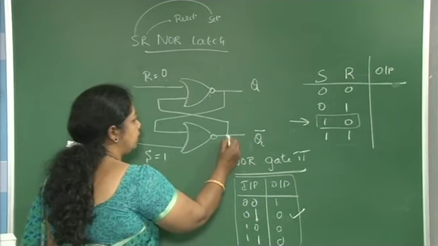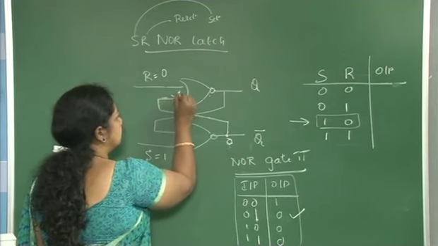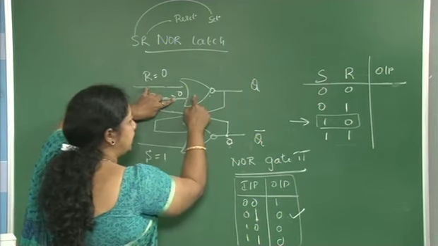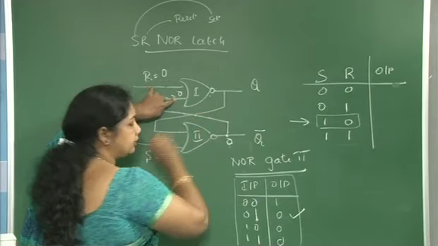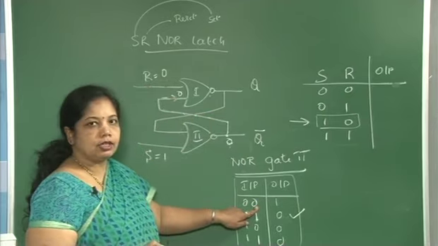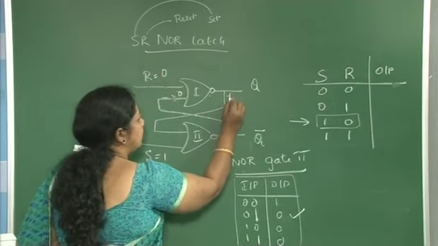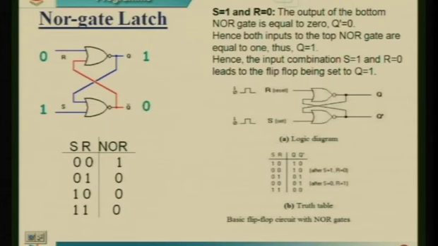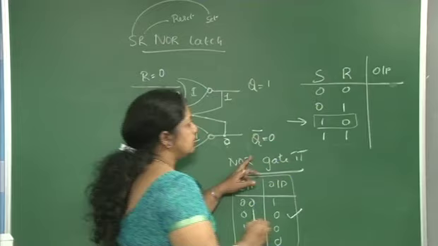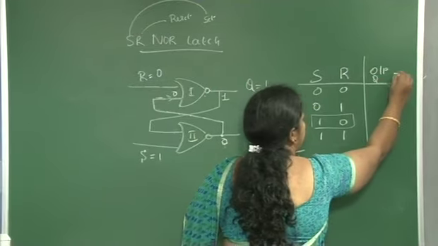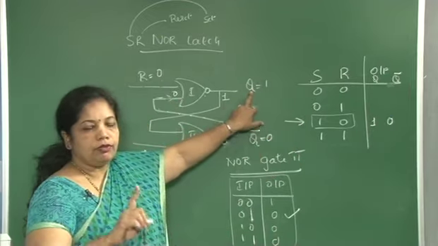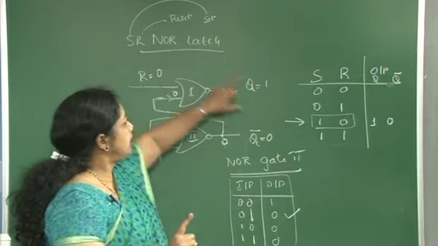This 0 is fed back here. So both inputs to the second NOR gate are now 0, and if both inputs are 0, my output is 1. So we will get output Q as 1 and Q complement as 0. We say the latch has been set.